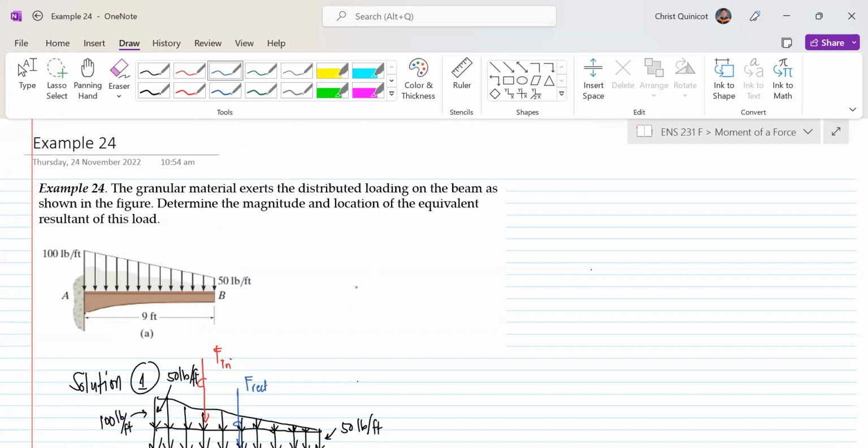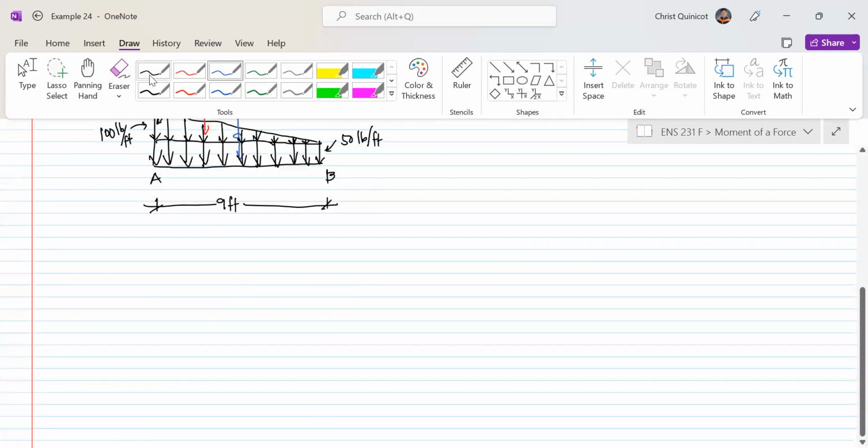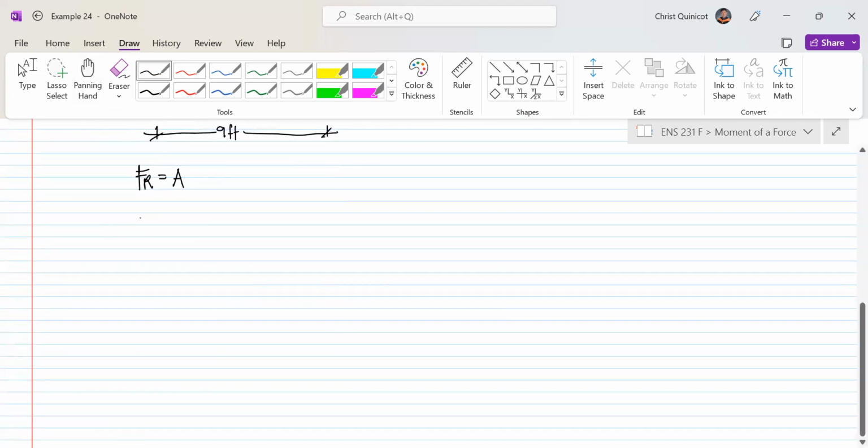Since we are not provided with equations, we'll just use what we have learned in solution option B of our example 23, that our resultant force is equal to the area of our loading. So F sub tri is equal to the area of my triangular loading, which is 1/2 base times height.